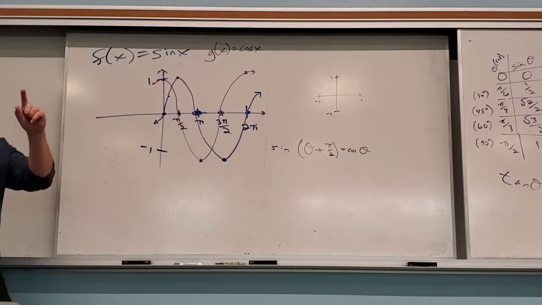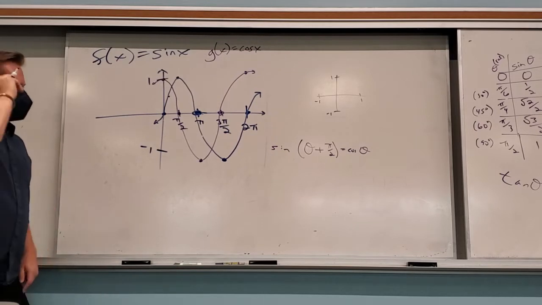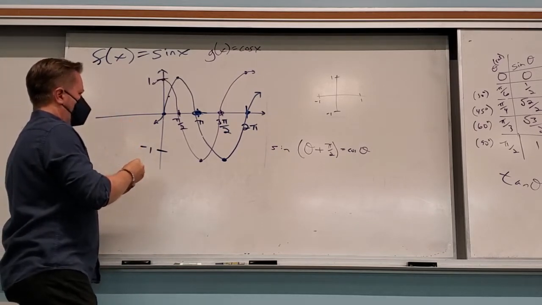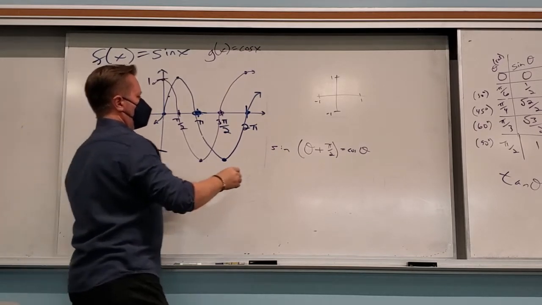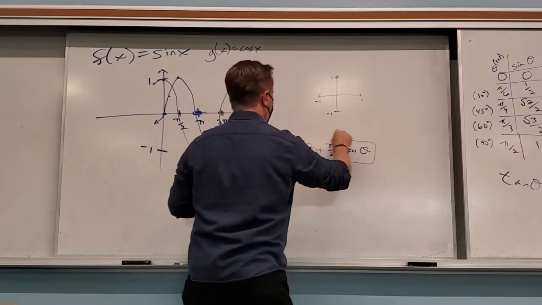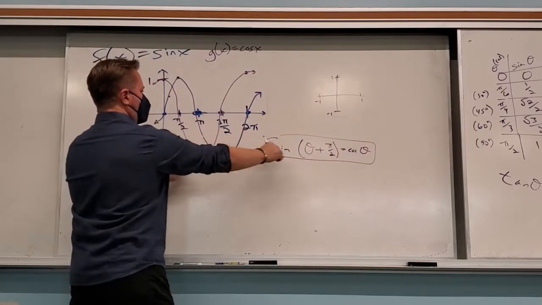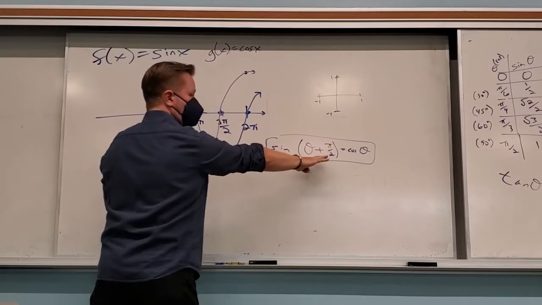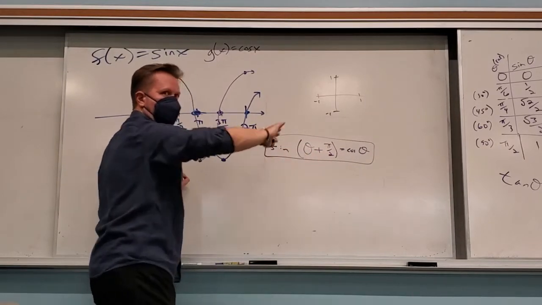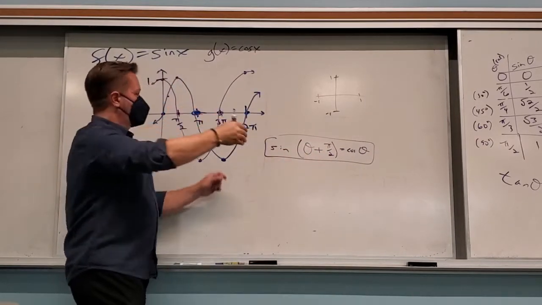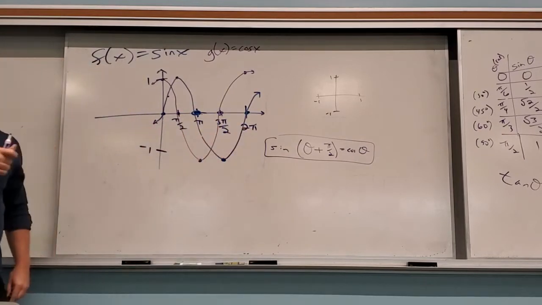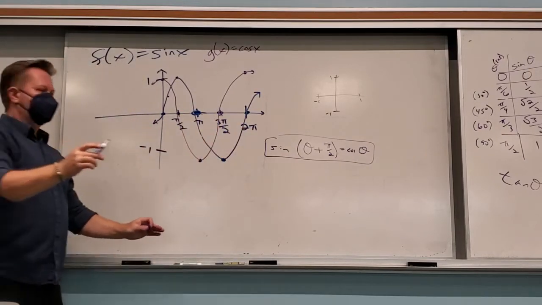Now the way you see it most often is this. This is a little bit trippy. This is just true from our picture, right? If I take the blue line and then take it back pi over 2, that's to the left pi over 2, old transformations, it becomes the purple, right? But you normally see it like this.